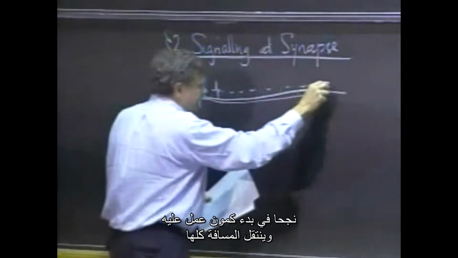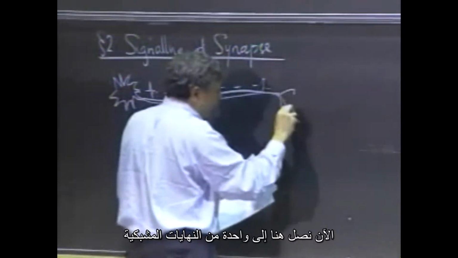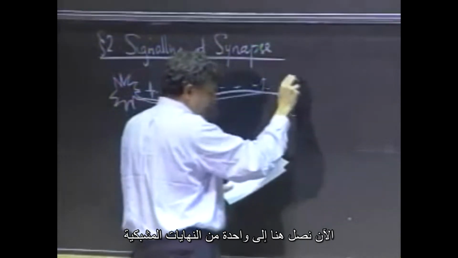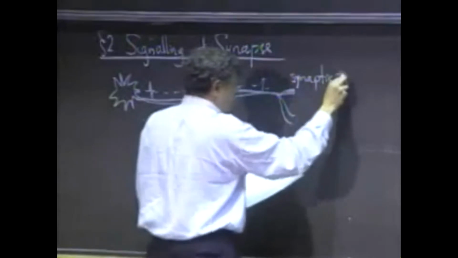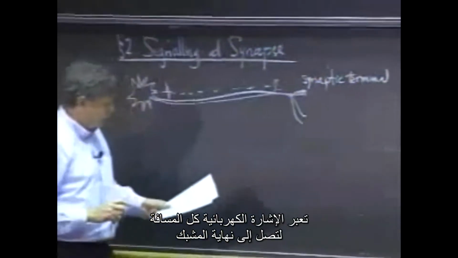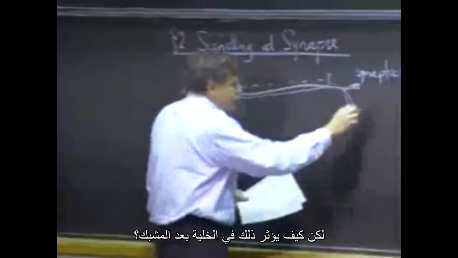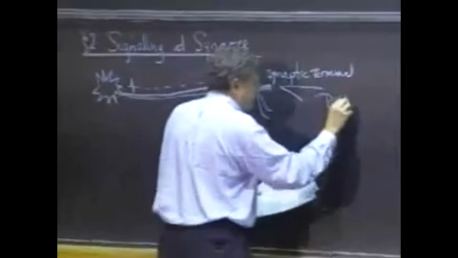It moves all the way down. And now we get here to one of the synaptic terminals. The electrical signal makes it all the way to the synaptic terminal, but how does it affect the postsynaptic cell?